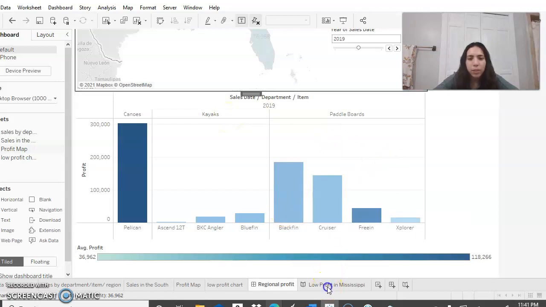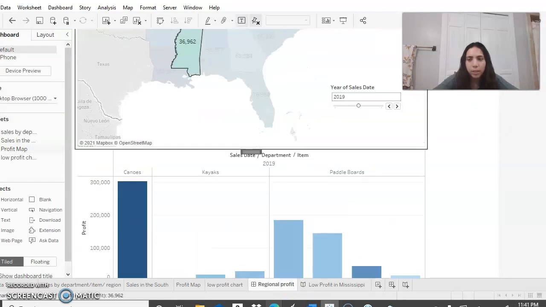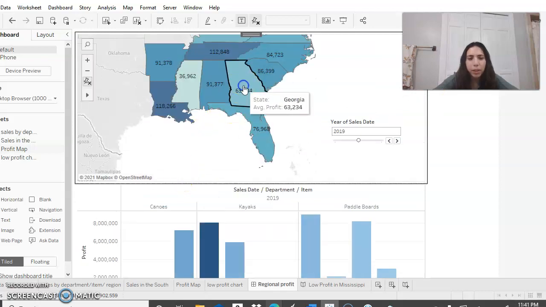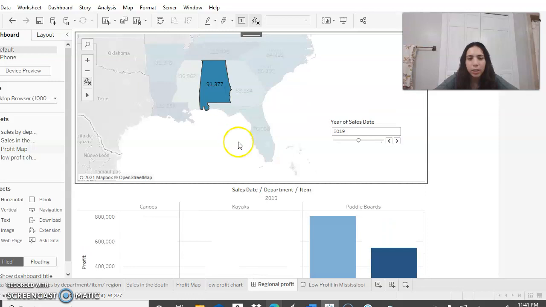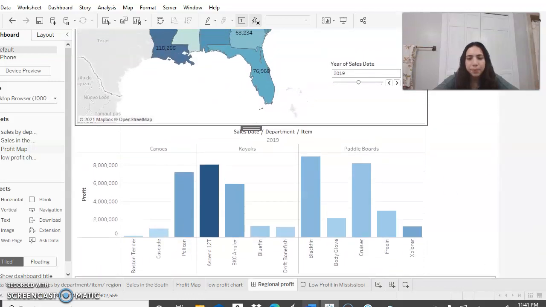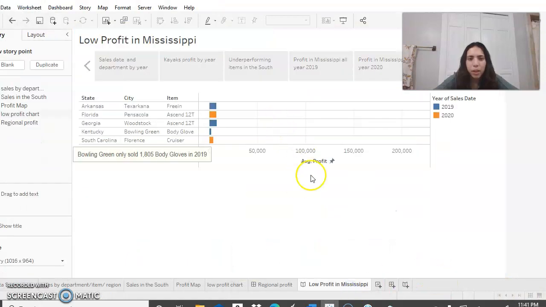So that's my dashboard, and that's how the interaction works. To go back, you can just unclick it to undo it. And then you can also click different states to get the different visualization. And this is my storyline.